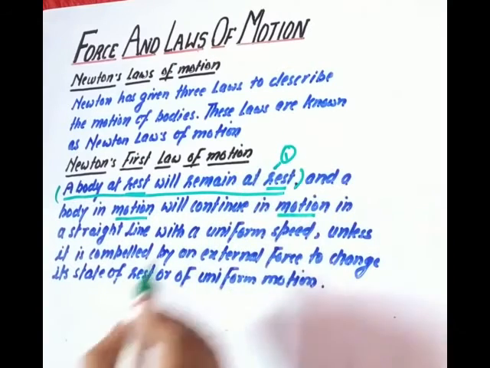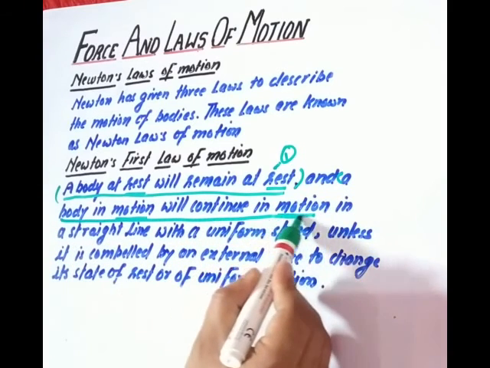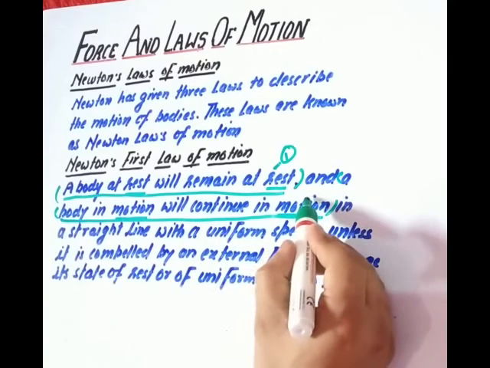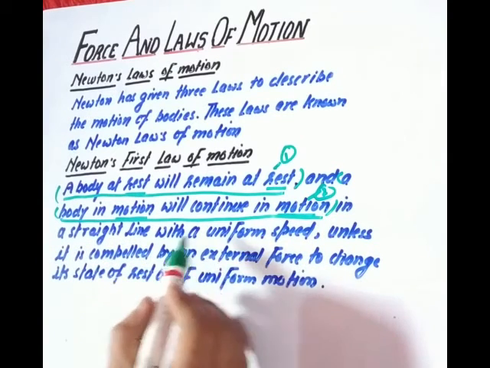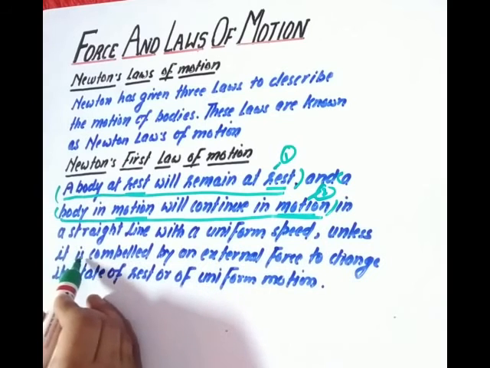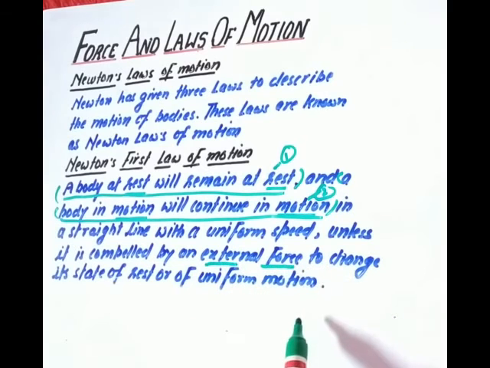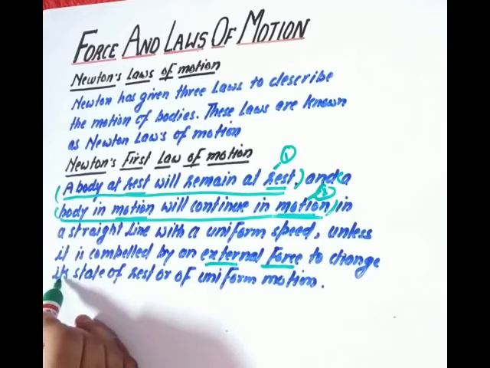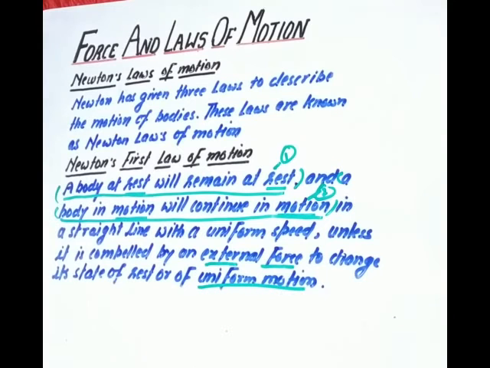The second part: a body in motion will continue in motion in a straight line with a uniform speed, unless it is compelled by an external force to change its state of rest or of uniform motion. So we have to understand both parts separately: the first part of rest and the second part of motion.